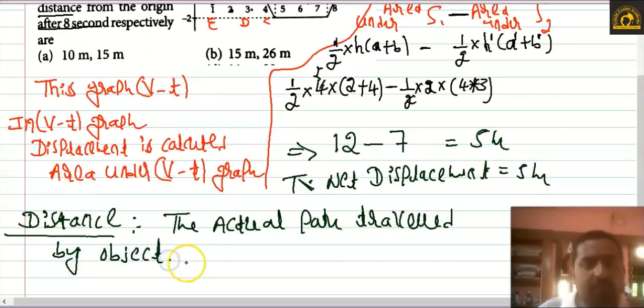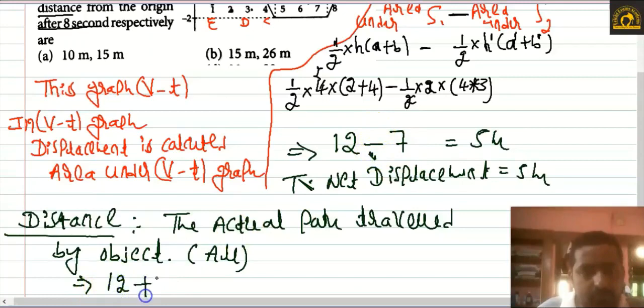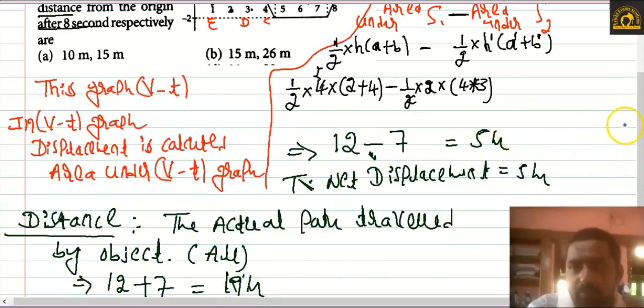Actual path traveled by the object means you take all of it, and the minus sign is not important. So that becomes 12 plus 7, that is equal to 19 meter.